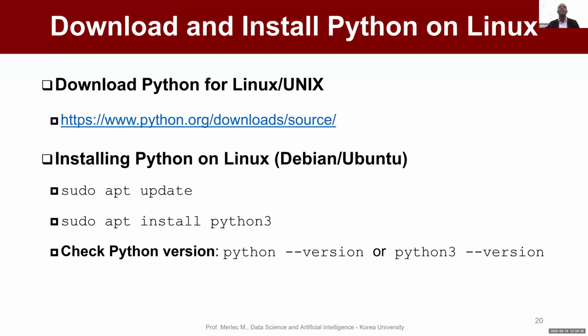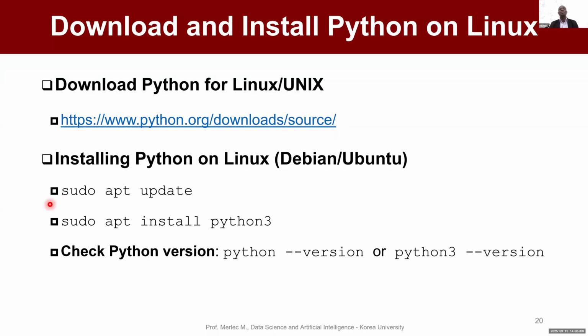So the procedure is quite similar, but the difference is if you use Linux with the graphical mode, you can also follow the same procedure: visit the Python web page and then download the Python installer. You can install in Linux using the graphical package manager. But you can also do that within the command line.